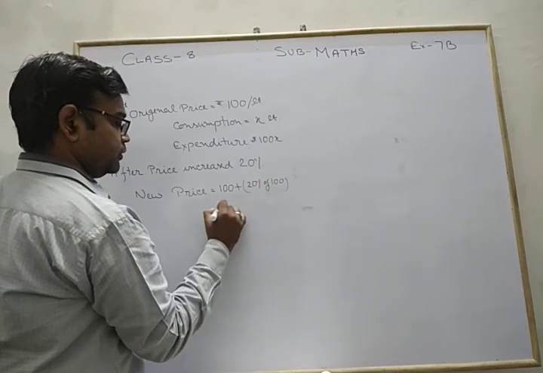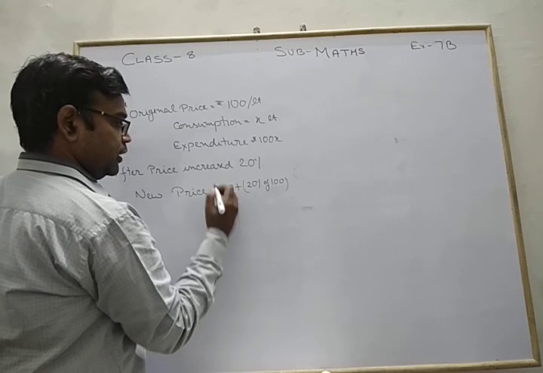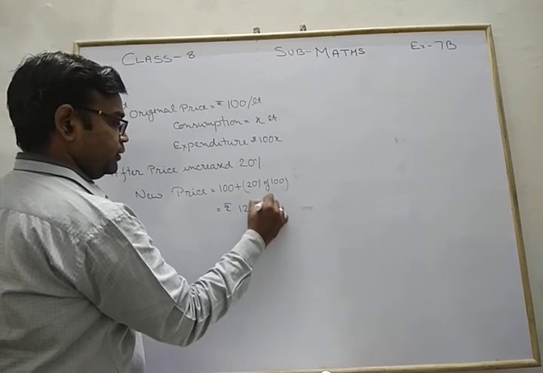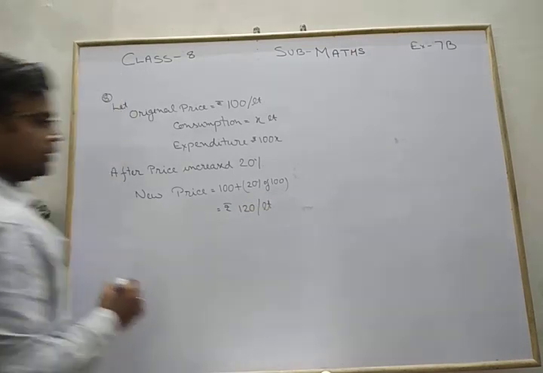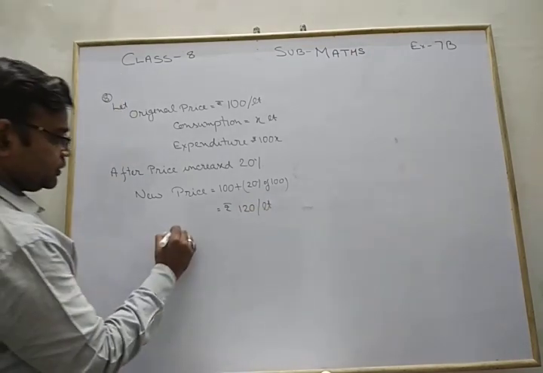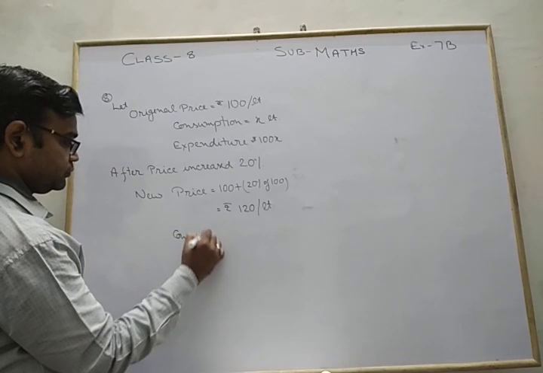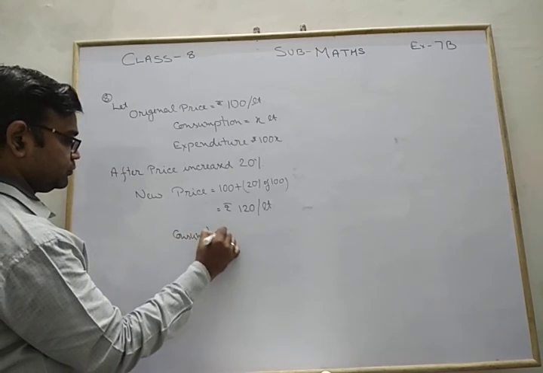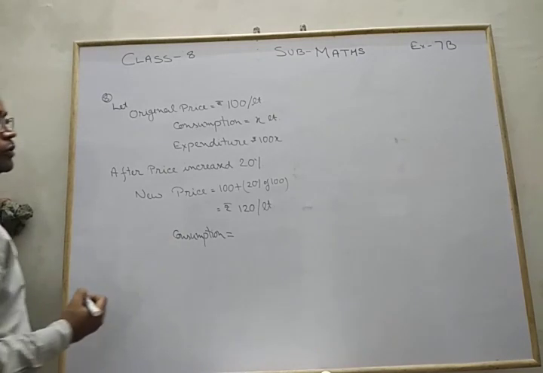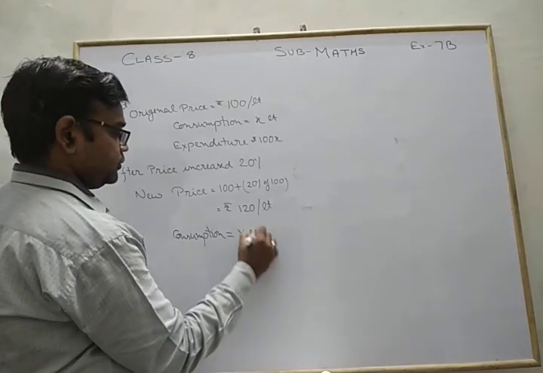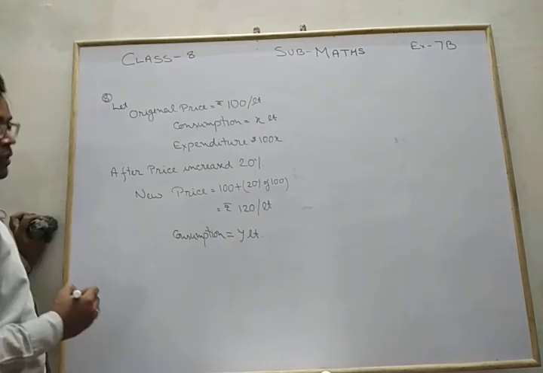When we solve this one, we have rupees 100 plus 20% of 100 is 120 rupees per liter. Then new consumption, suppose it's Y liters. New consumption is Y liters.